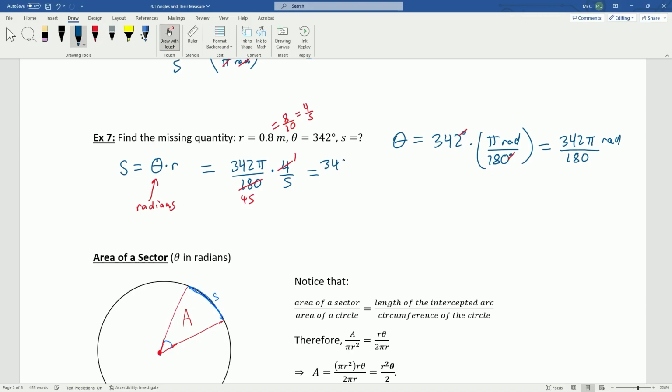So this is 342 times pi over 45 times 5, which is 225. So this would be the exact answer. Now, if a question asked you to round this in your calculator, what would we get? 342 times pi divided by 225, which is approximately 4.78 meters.